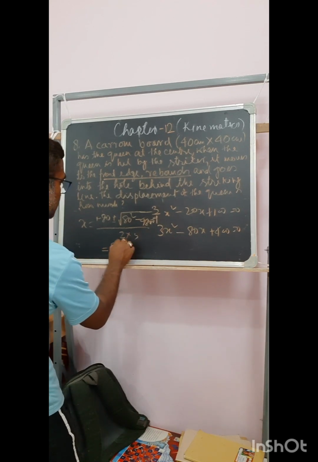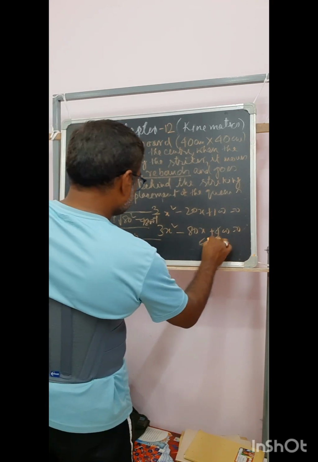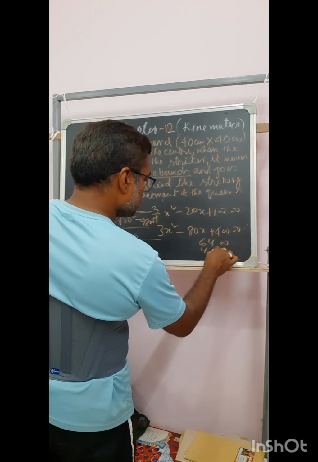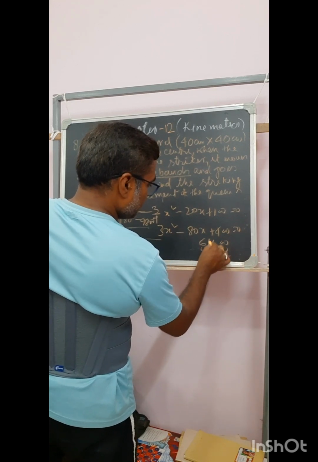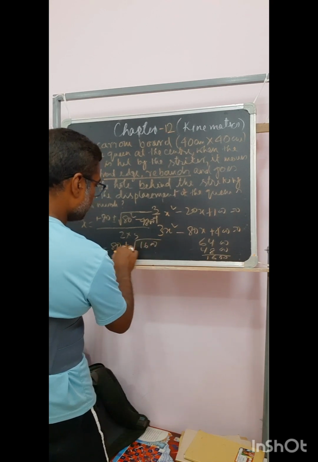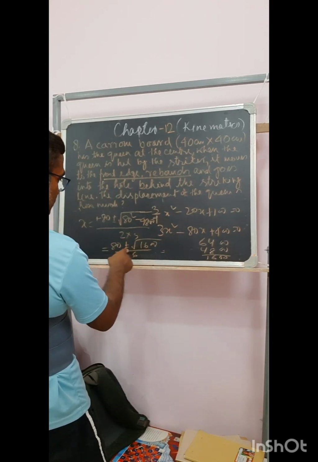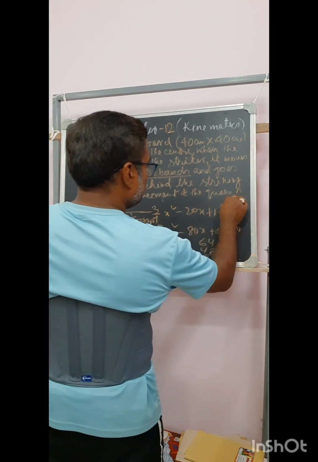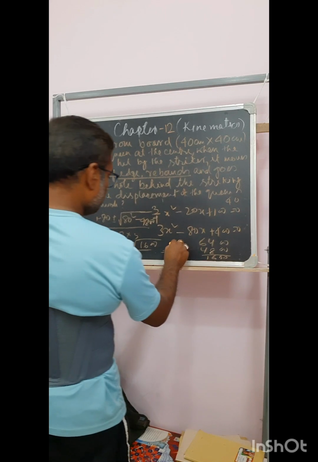So 80 square means 6400 minus 4800, that will equal 1600, by 6. Now if I take minus, minus will not give anything. 1600 means 40 will come. So 40, if I take minus, so one result will come.